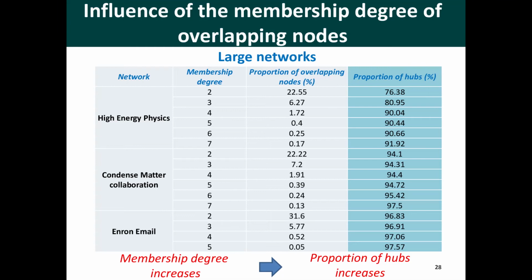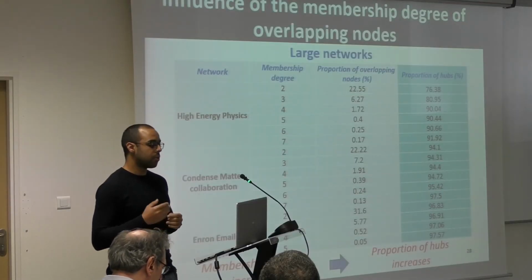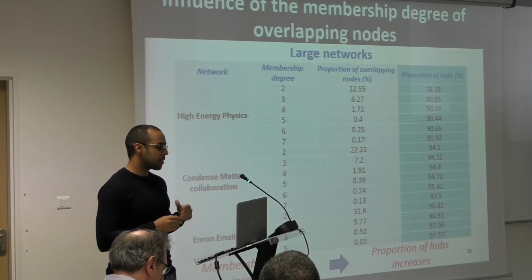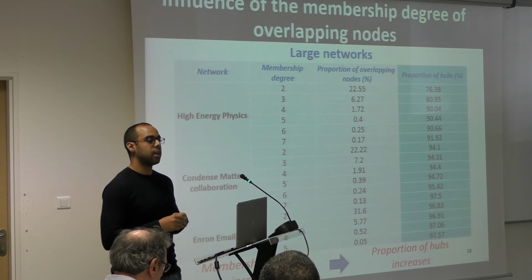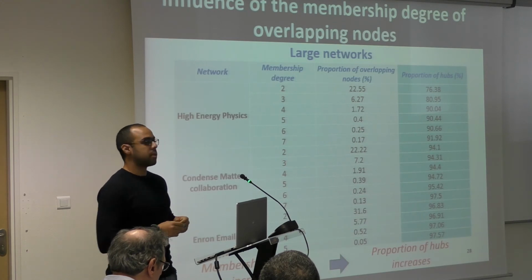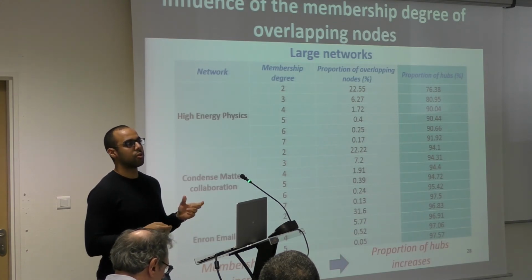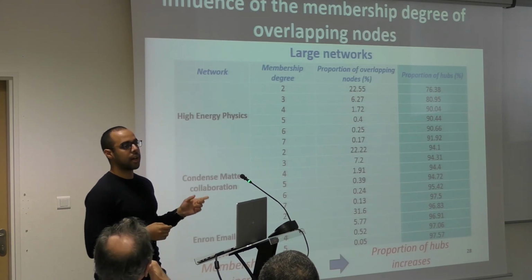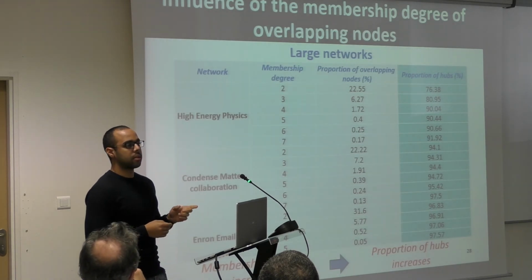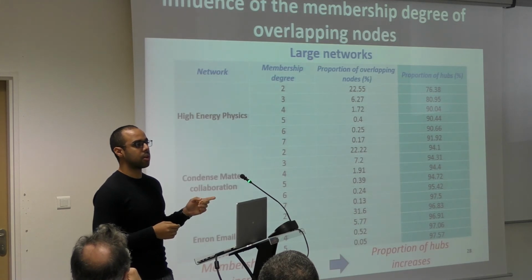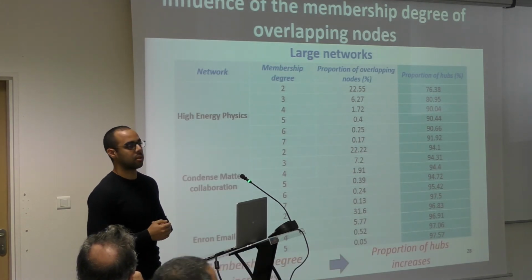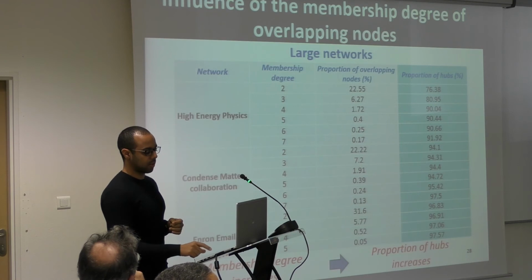The results show that for all the different networks, the proportion of hubs increases as the membership degree becomes higher. This is because when we have an overlapping node with high membership, it belongs to several communities, so there is a very high chance that it is neighbor with more hubs.